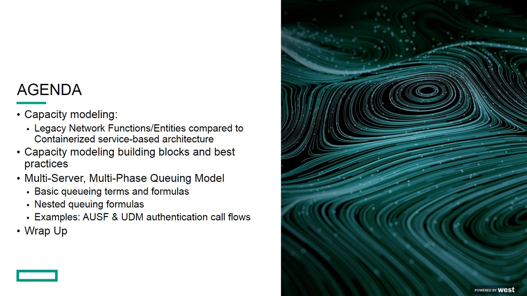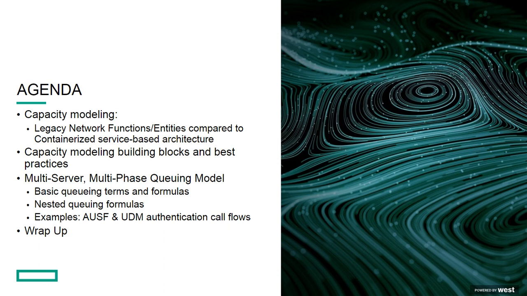Then I'll be talking about some of the capacity modeling building blocks and deployment best practices to consider in your 5G core network. Then I'll explain how operators can use a multi-server, multi-phase queuing model to model the number of threads required to handle the number of incoming transactions and determine an estimated response time of the 5G core network that consists of these multiple containerized microservices.